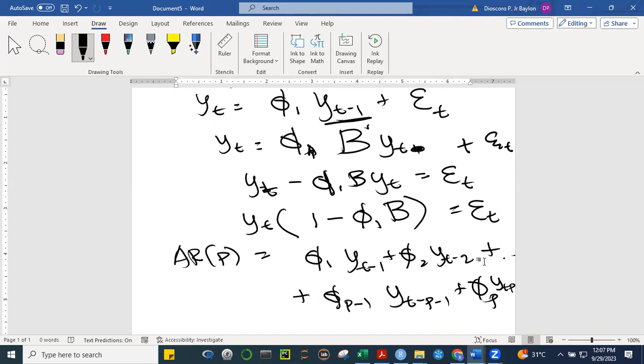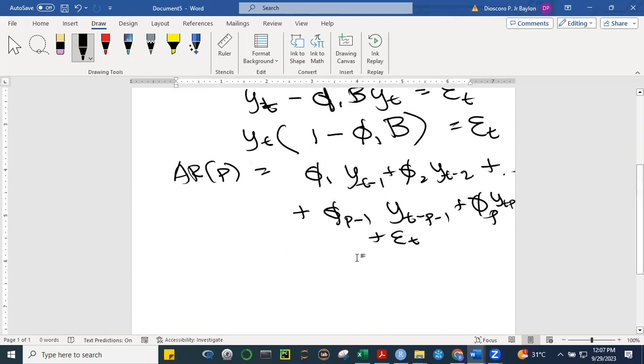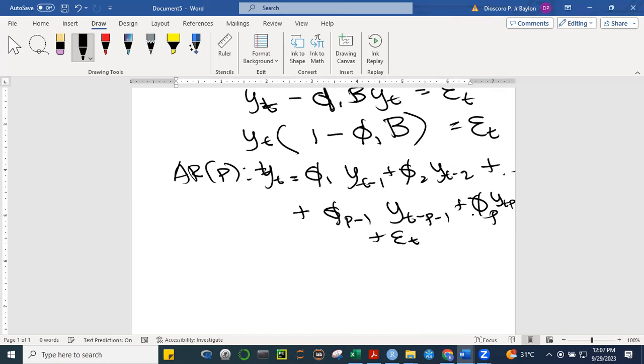So t minus 1, t minus 2, up to t minus p, and then plus a certain error term, epsilon sub t. So this is your y sub t expressed as an ARP process.